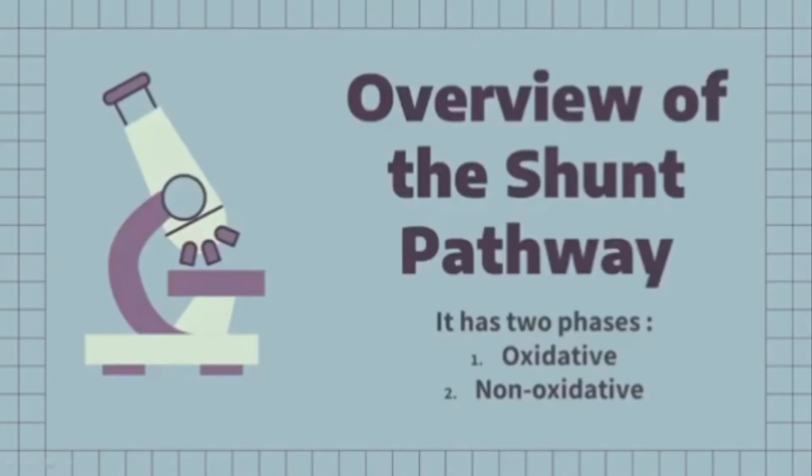The hexose monophosphate shunt has two phases, the oxidative and non-oxidative phases. In the oxidative phase, it is reversible. The word oxidative comes from the process of oxidation. Oxidation means the breakdown of a molecule as it loses at least one of its electrons.